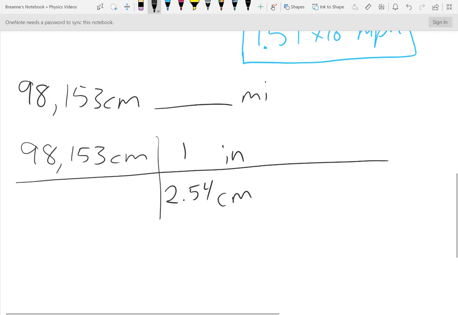Our chicken duck also has centimeters to inches, and you can say for 1 centimeter, there's 0.3937 inches. So either way would have worked. We just want the centimeters on the bottom, so the centimeters can cancel. So now we can go from inches to miles. We again look in our handy dandy chicken duck.